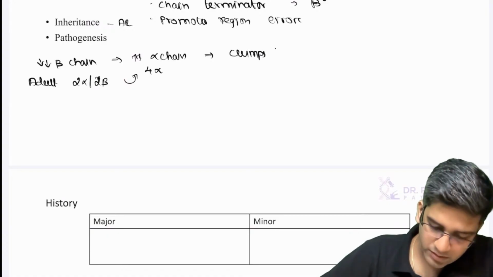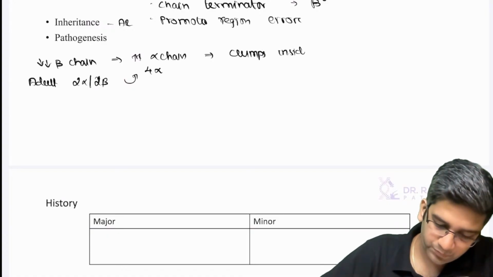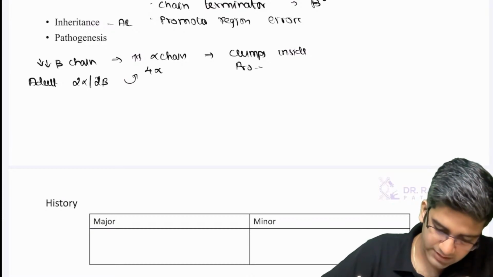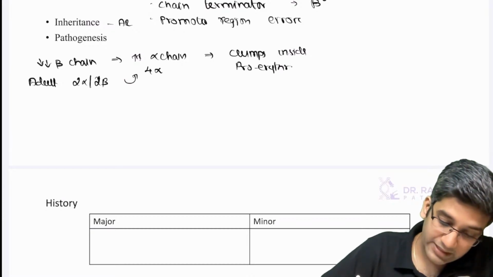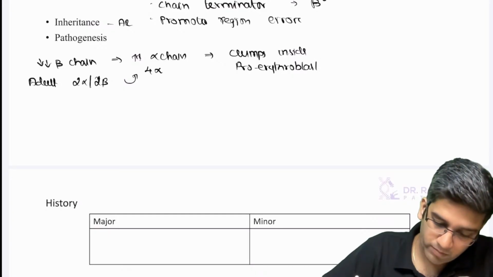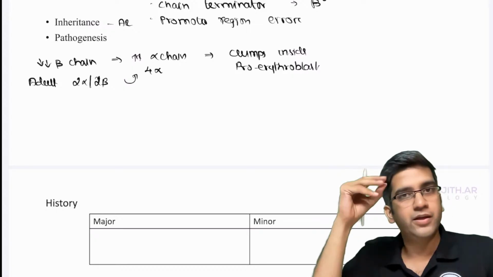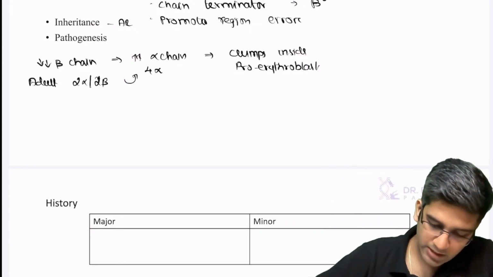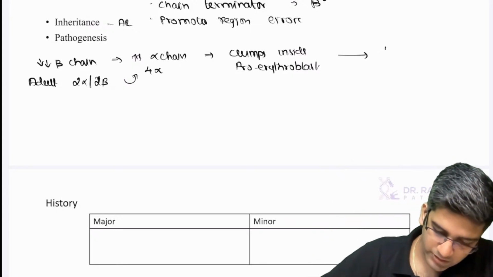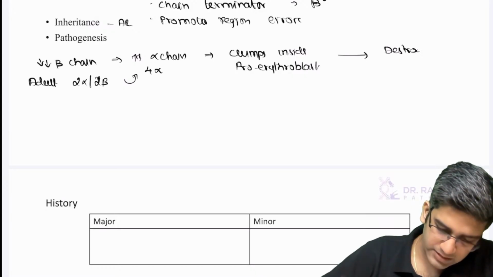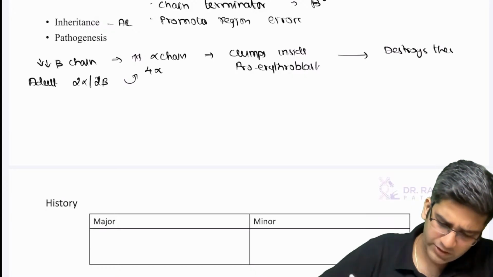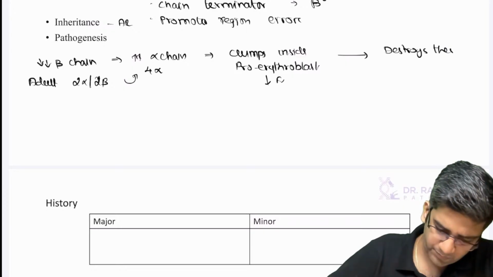It will clump inside the proerythroblast. Because the moment hemoglobin is formed, it's not going to wait for oxygenation, deoxygenation, or a trigger like G6PD. It clumps in the bone marrow itself, right? So once I have that, this will actually destroy proerythroblasts. Quite a few of them will be destroyed, and few of them will escape.